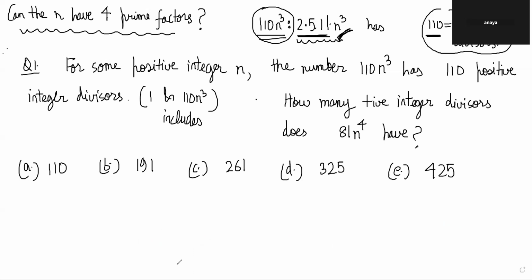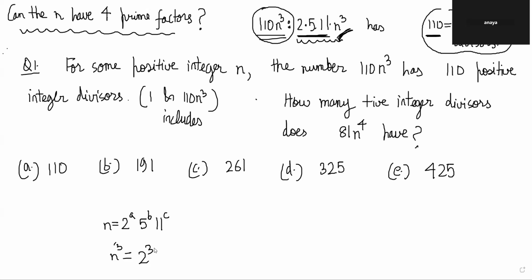Since n cubed is involved, let's say n is 2 to the power a times 5 to the power b times 11 to the power c.